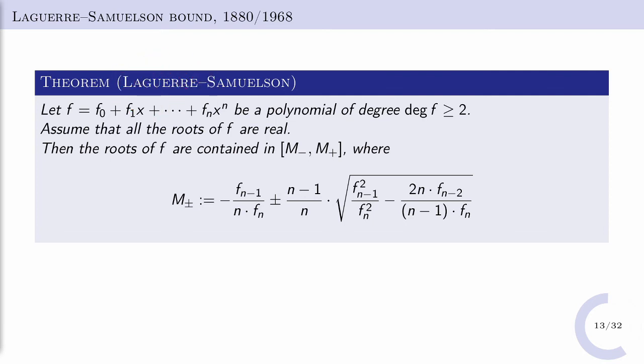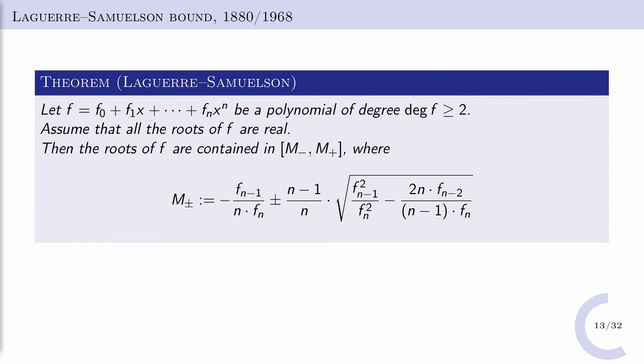So now this theorem is called the Laguerre-Samuelson theorem. It looks like quite an intimidating formula the first time you see it, and it may be scary. However, we need to observe two facts about it. First is this term here, and if you recall the previous lecture, this is nothing else but the mean of the roots of the polynomial.